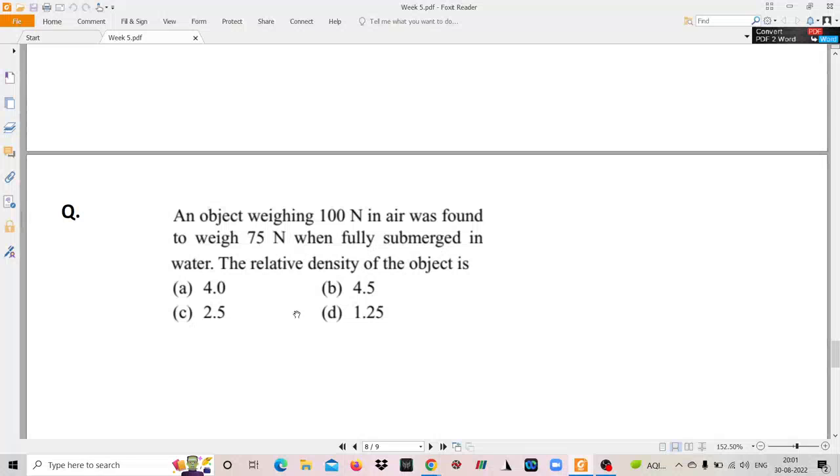Archimedes principle, yes. So you have to apply Archimedes principle to determine the relative density of a body whose actual weight in the air is 100 Newton. However, the reduced weight, or the submerged weight in water, is 75 Newton. So please try this problem and tell me what will be the correct answer.